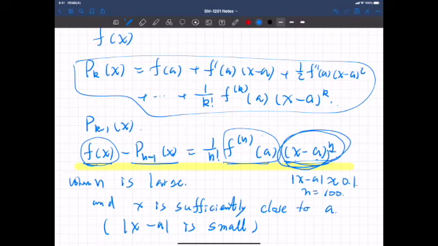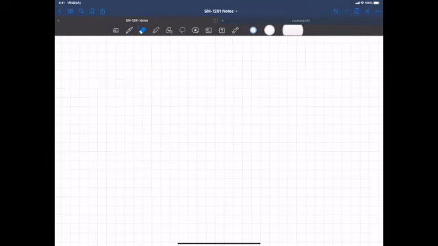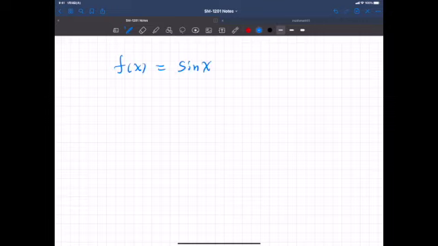Let's see some examples. Consider f of x equal to sine x, and let's say a is 0. So we evaluate all of the derivatives at 0. Then the first polynomial is x.